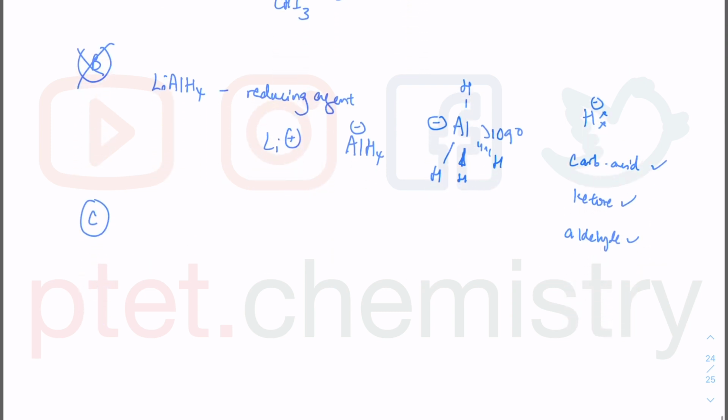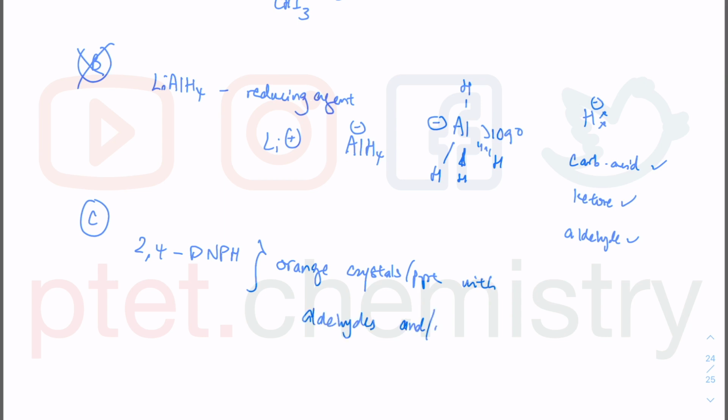Okay, so X reacts with 2,4-DNPH. 2,4-DNPH will give you orange crystals or orange precipitate with aldehydes and or ketones.